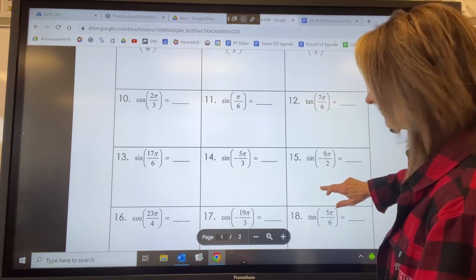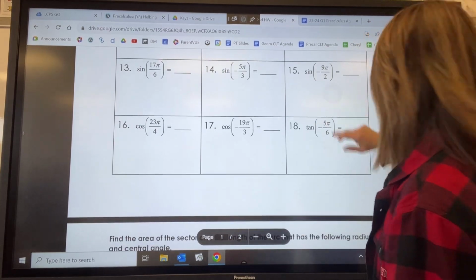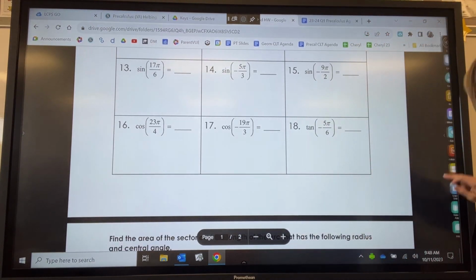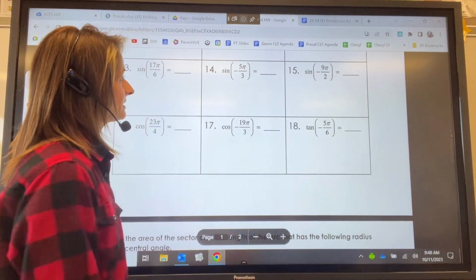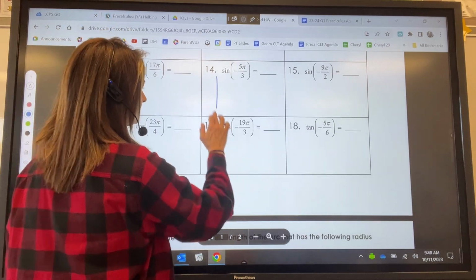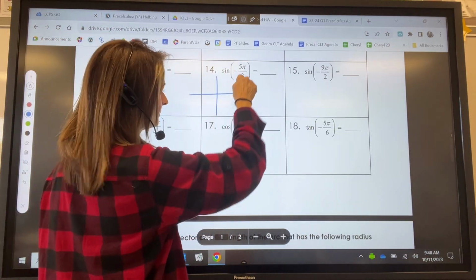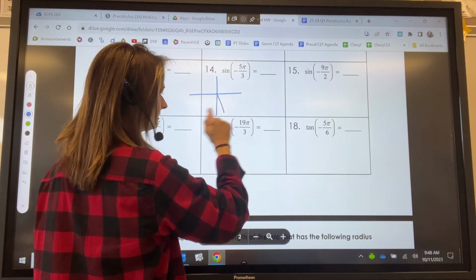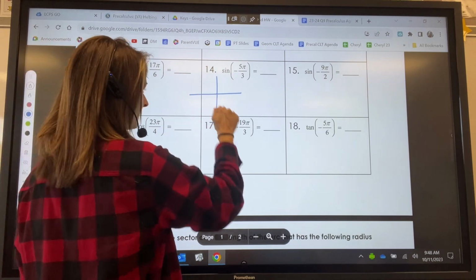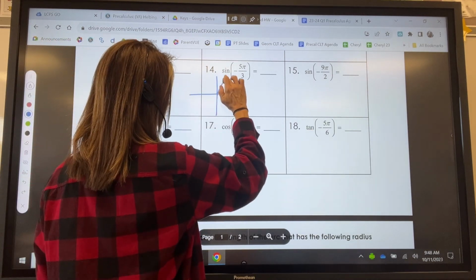And the last two are 14 and 18. There are a couple different ways to do these problems. So we'll start with, where is negative 5 pi over 3? If I go thirds, and we're going negative, so we're going this direction. 1 pi over 3 would be right here, boom. 1 pi over 3, 2 pi over 3, 3 pi over 3, 4 pi over 3, 5 pi over 3, right here.